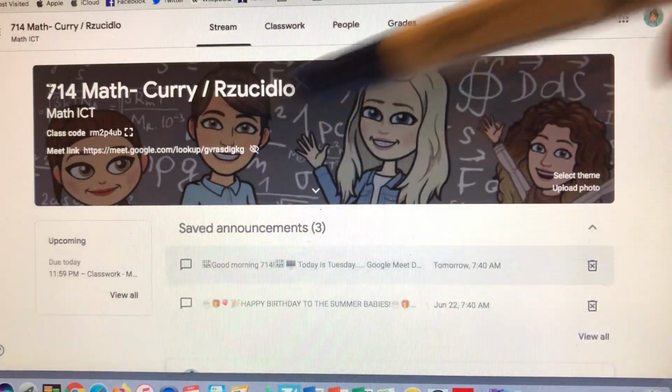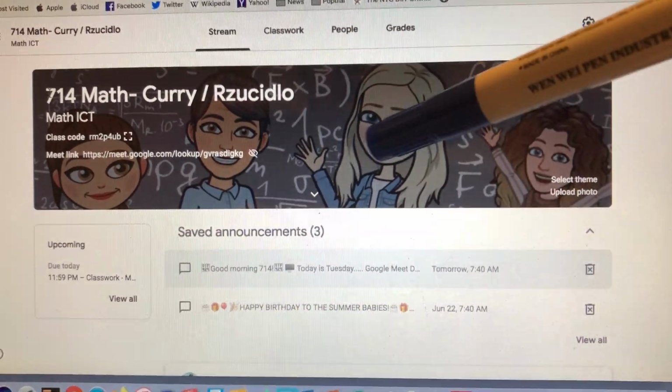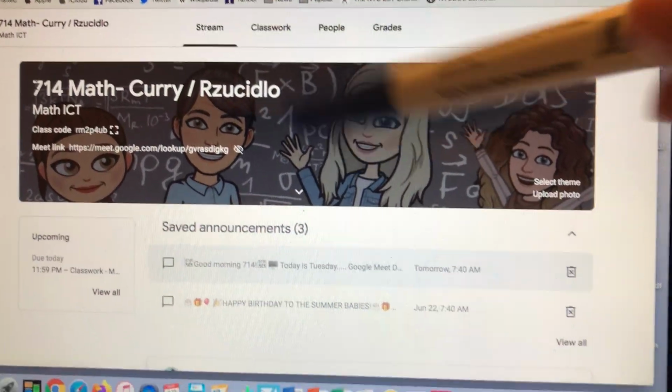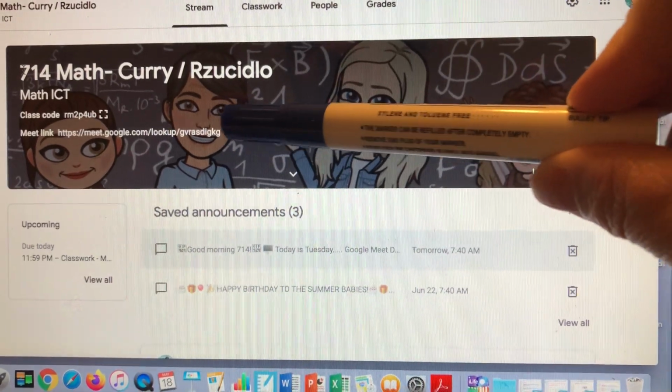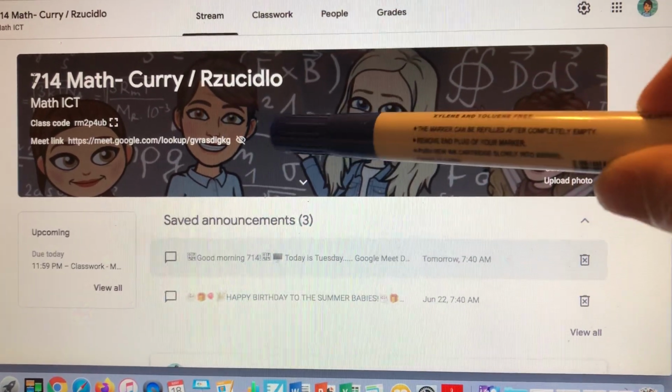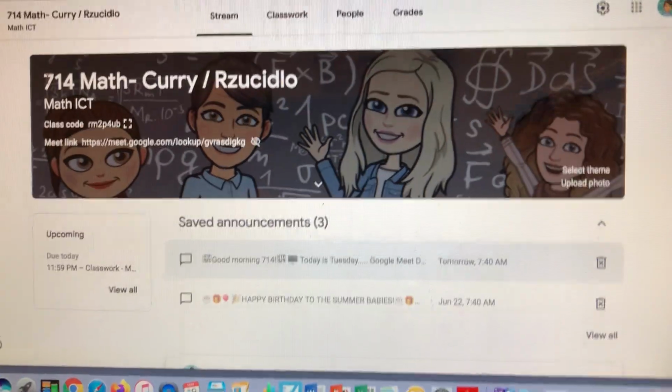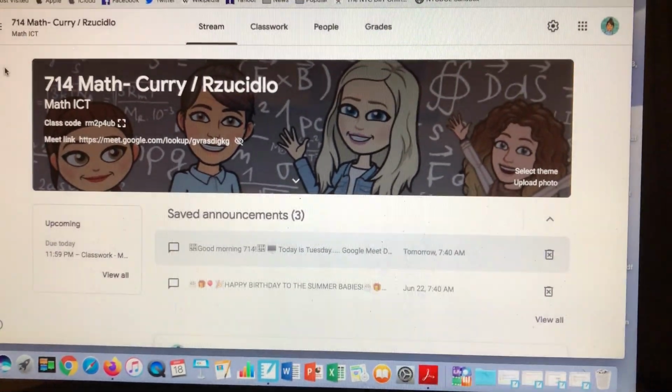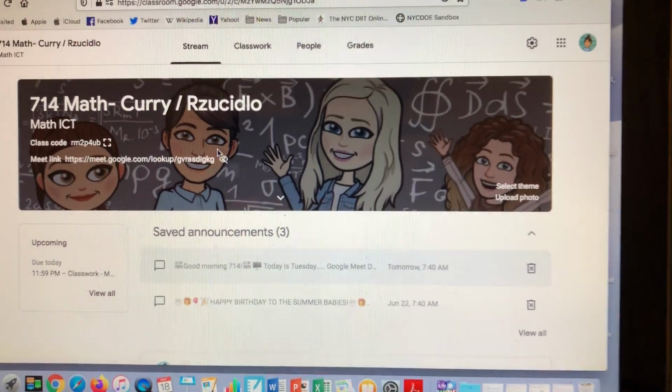This is what it looks like when you're using a desktop or a laptop. And when this eye no longer has a line drawn through it, that means it is active and you can go into it.